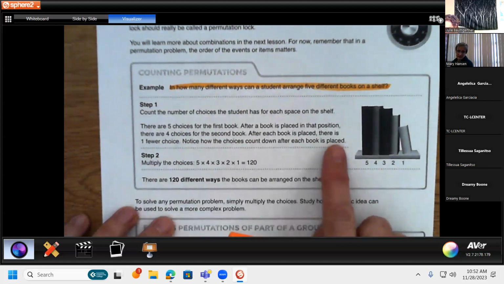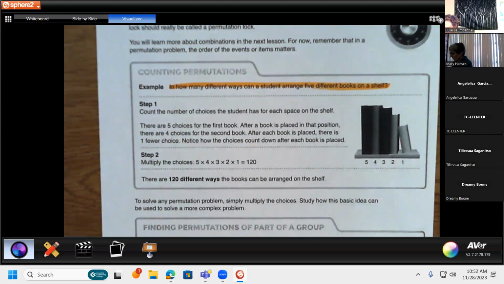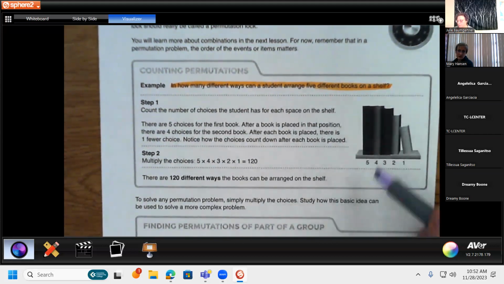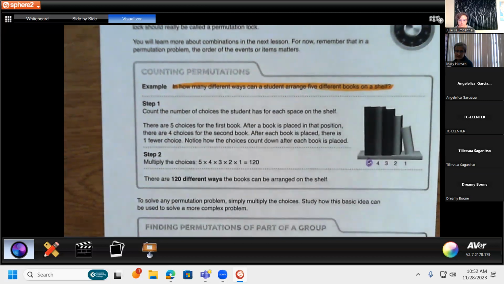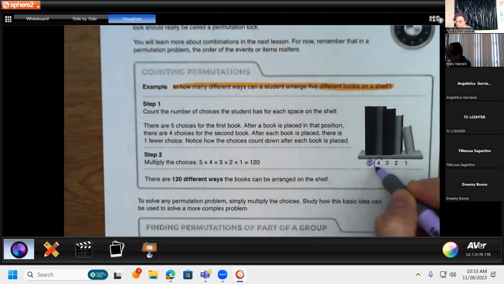And so the way we think about this is when I place my first book on the shelf, there's 5 choices. There's 5 books I could put in the first slot. Once I've placed my first book, how many books are left for the second slot? There's only 4 books left for the second slot.